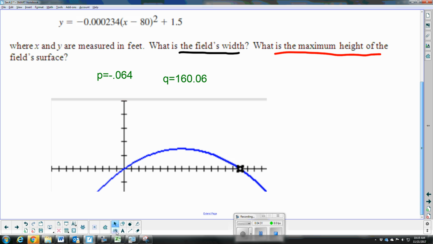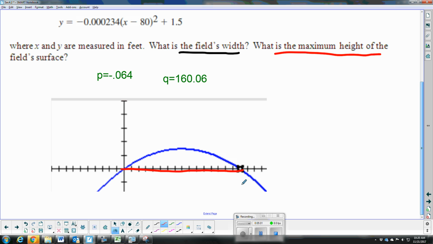So the time the field is at 0, all the way until it's at 0 again. Then this whole part here, that's the field. But anything below the ground, that's not field at all. It's just the part that's above the ground, which is the part that's above the y equals 0 line or above the x-axis.